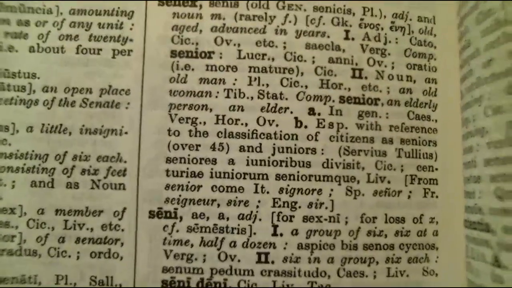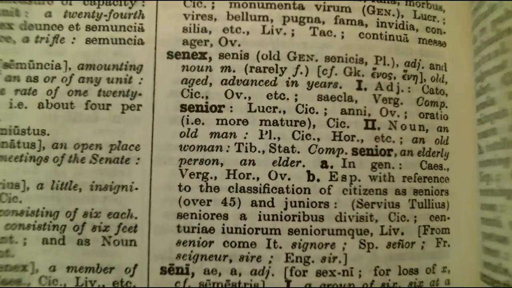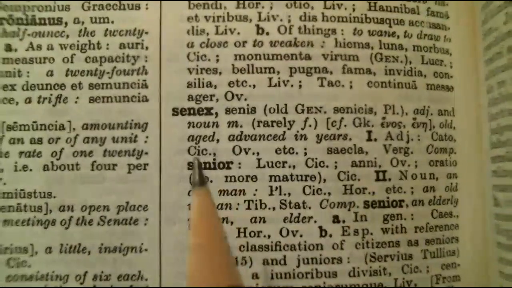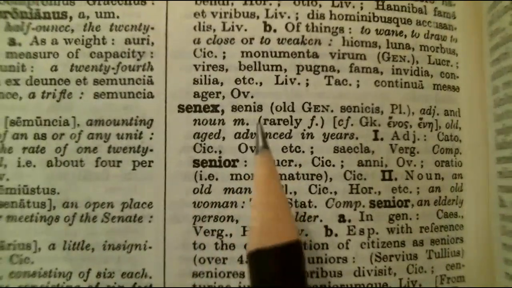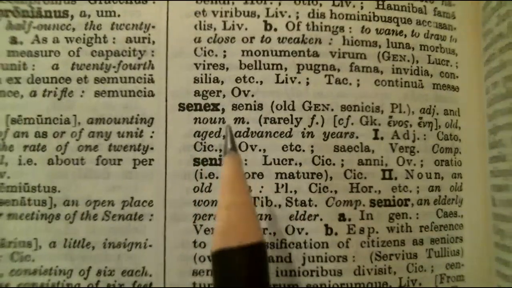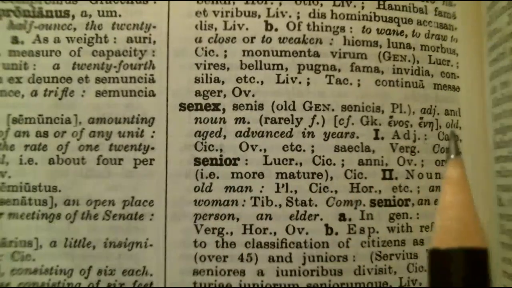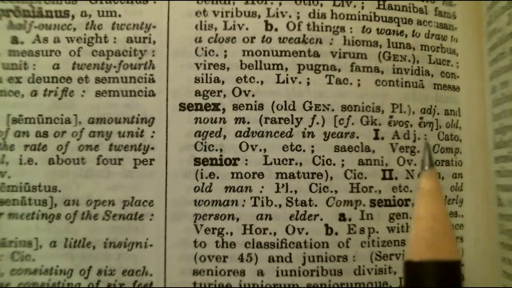So this is what you call proper etymology. Okay. So senex also is a third declension word. So it's senex, and it comes from senis, right? So this is actually an adjective or noun, and it just means old, right?